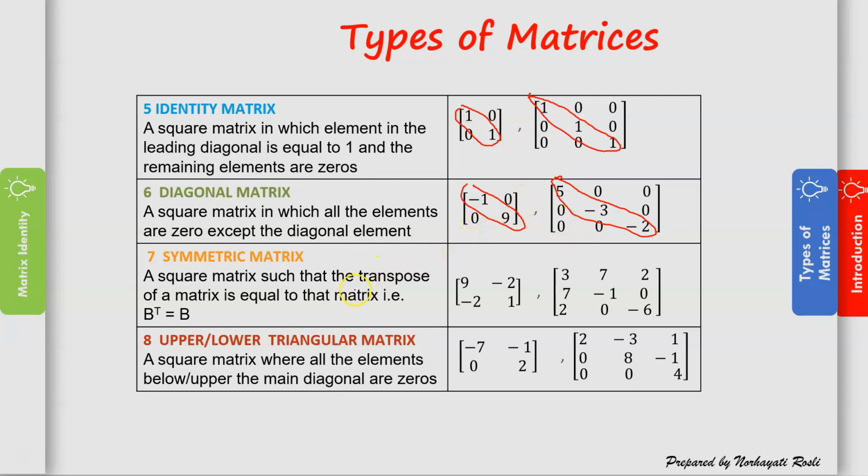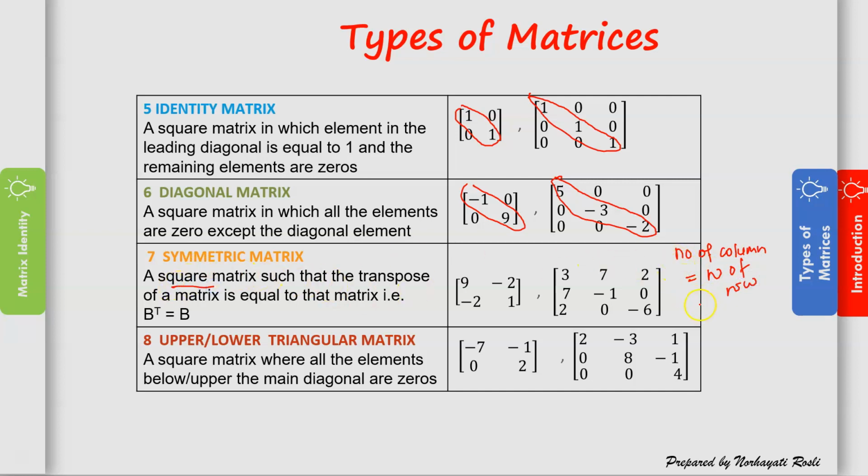Then we go to the symmetric matrix. It is a square matrix such that the transpose of the matrix is equal to the matrix. It means that here you have B transpose equal to B. So in this case, the number of columns should be equal to the number of rows, because it is a square matrix.